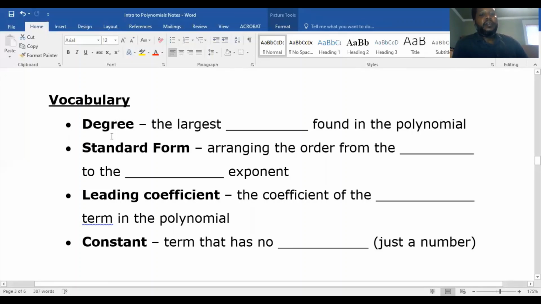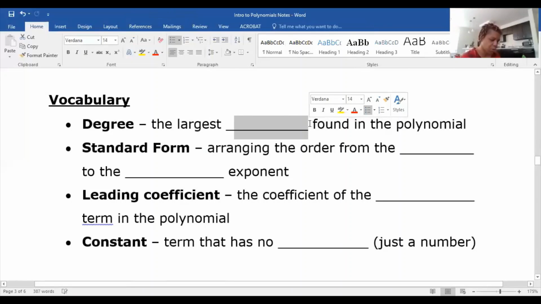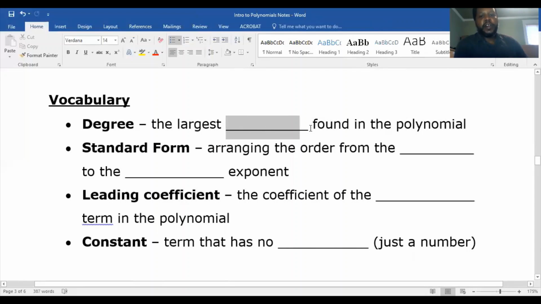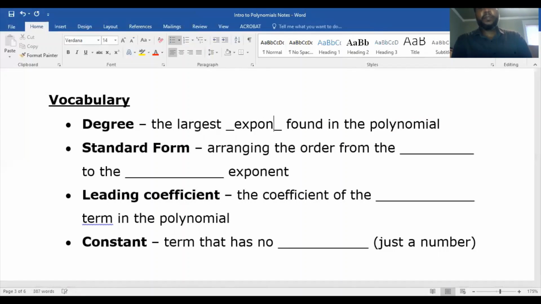So degree, what does the degree refer to? We just talked about it. So the degree is the largest what found in the polynomial? Exponent. Good. The degree is the largest exponent found in the polynomial. Okay, so that's what the degree is.